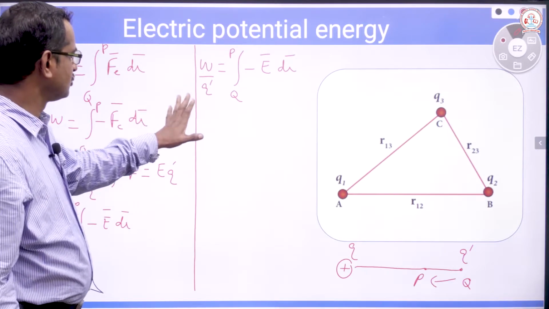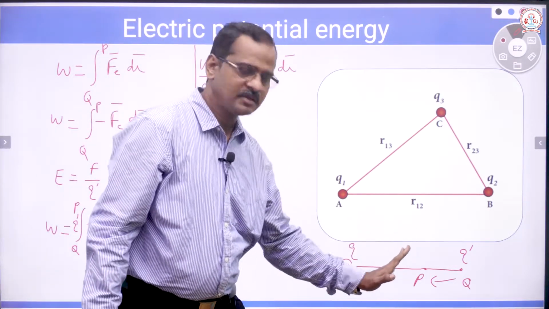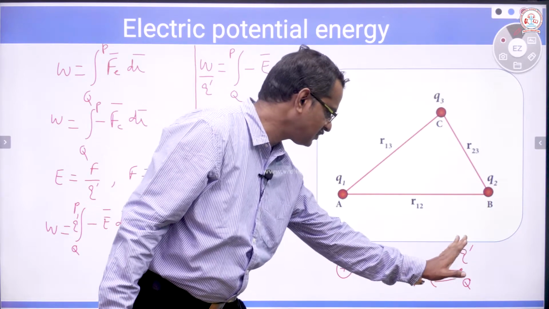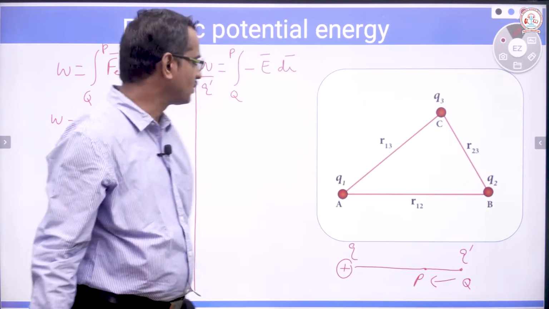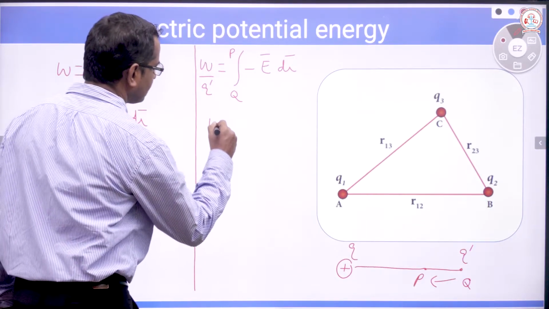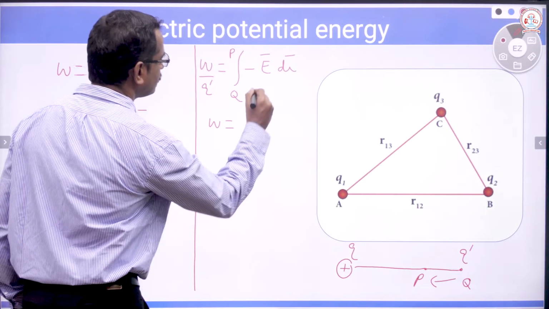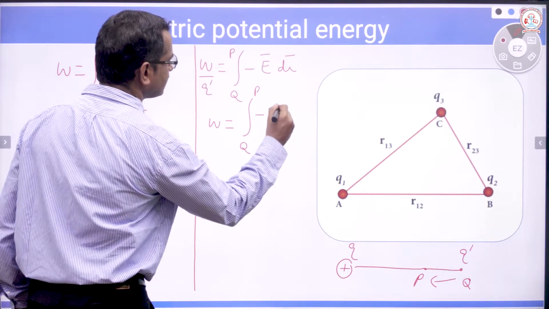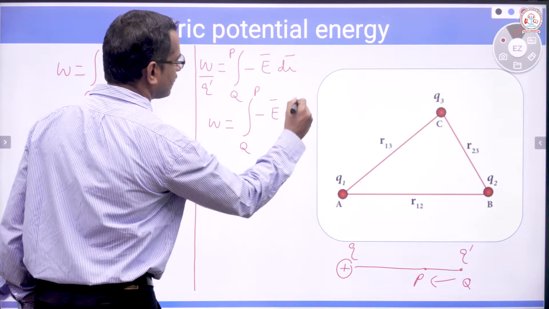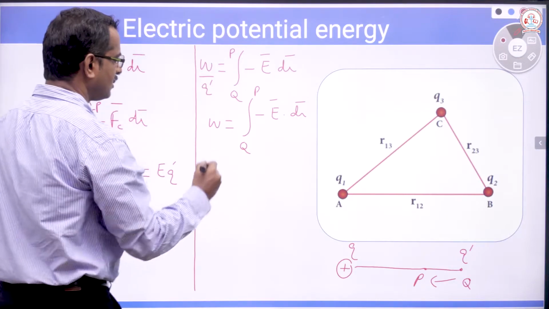So this is the equation to calculate work done in moving unit positive charge from Q to P.